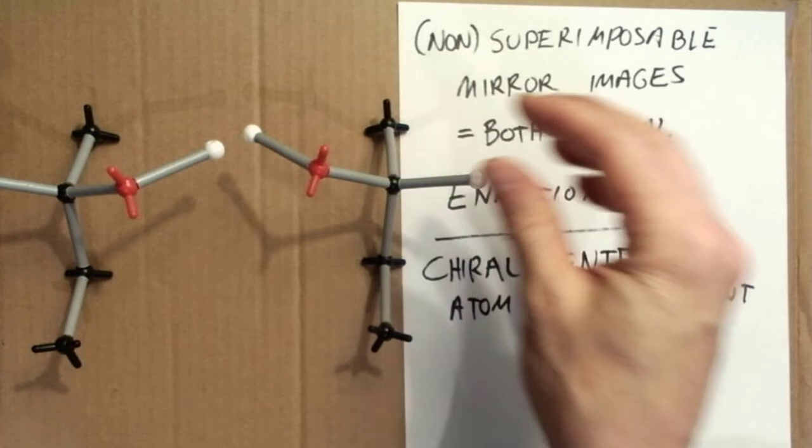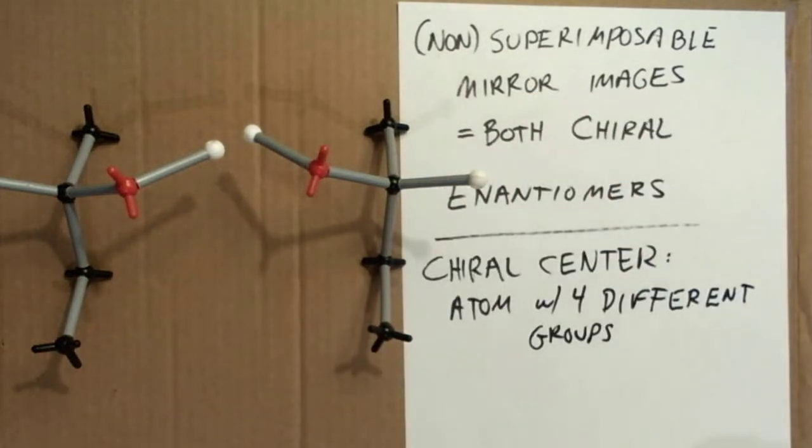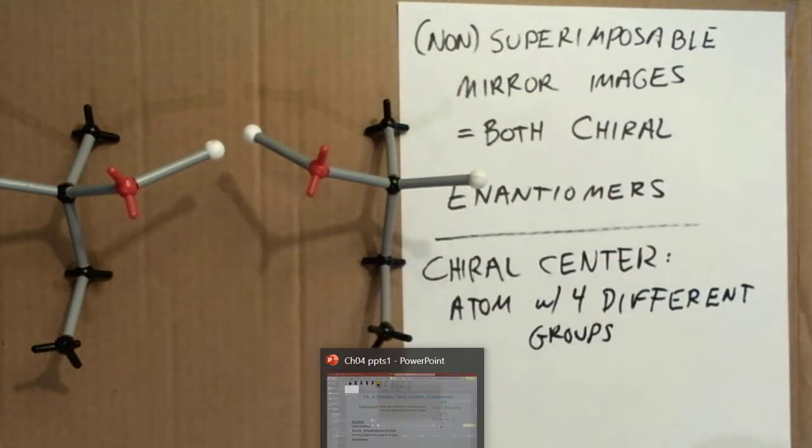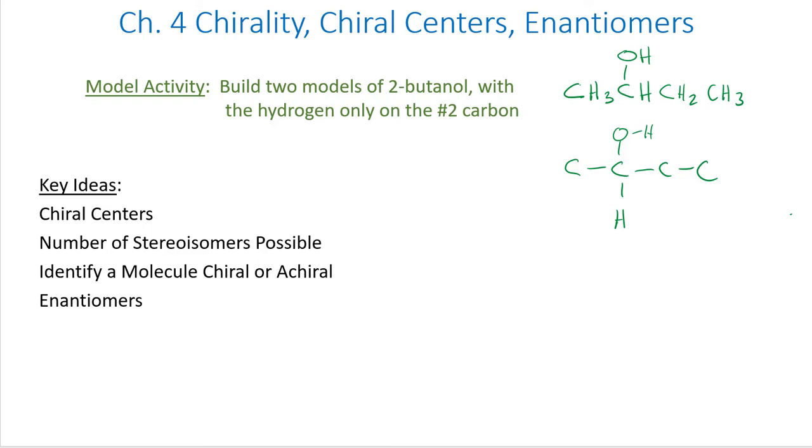So that allows us to figure out the number of possible stereoisomers. And again, if we just recap, a chiral center is going to be an atom. For us, it's almost always going to be a carbon with 4 different groups.